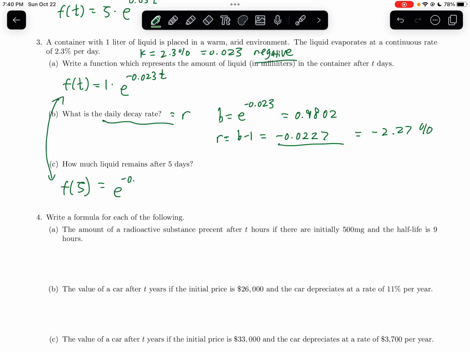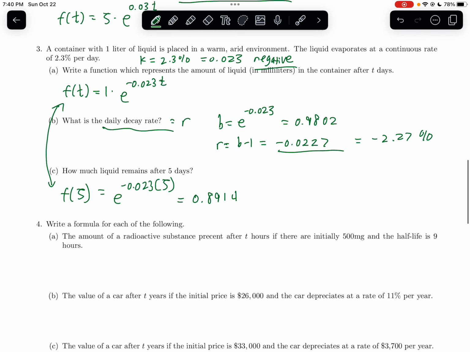So this is e to the negative 0.023 times 5, and this whole thing is 0.8914. And this being less than 1 makes sense because you started with 1 and it's decreasing, so it should have ended up less than 1. And this would have units of liters.